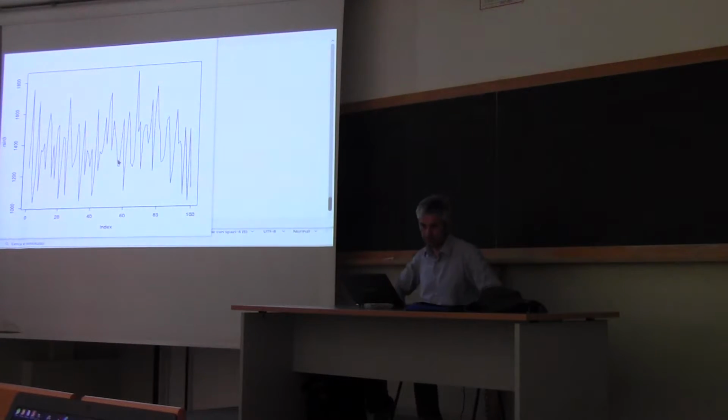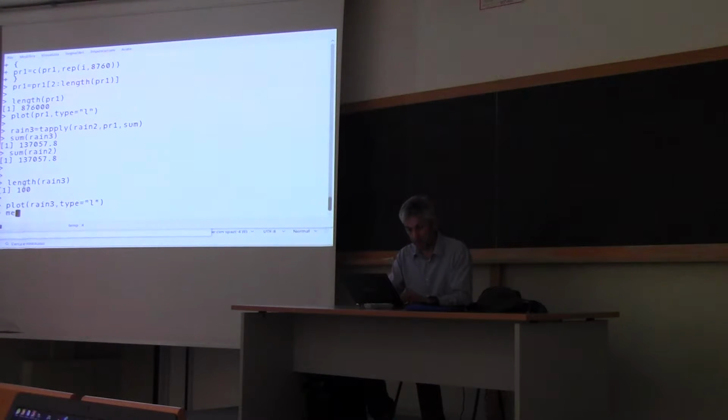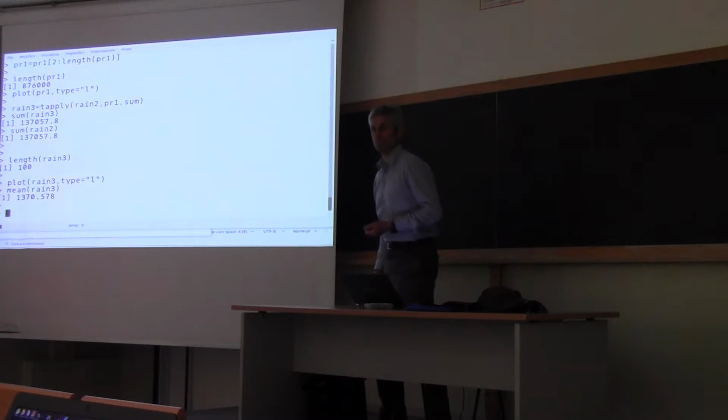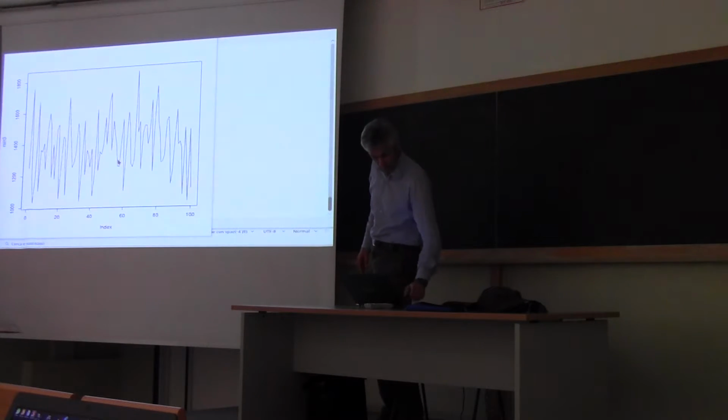Yeah, it is, indeed. The average rainfall that I am expecting over the catchment, because there is a part of mountains, is something higher than in the flat area, because this catchment is close to Bologna, and in the flat area we have about 1100. In this case there are mountains. Let me see the average, mean, rain 3. Yeah, it's fine. Everything is reasonable.